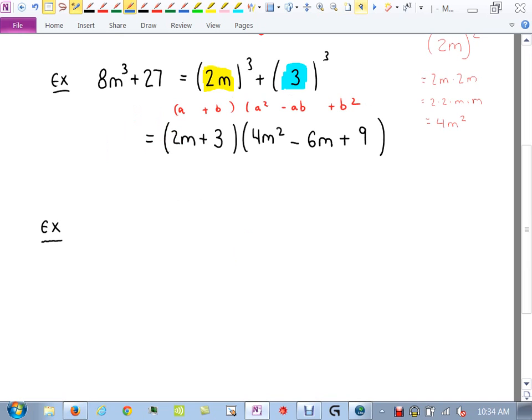Let me go back to the next example I wanted to give you. How about 40x cubed y cubed plus 5?